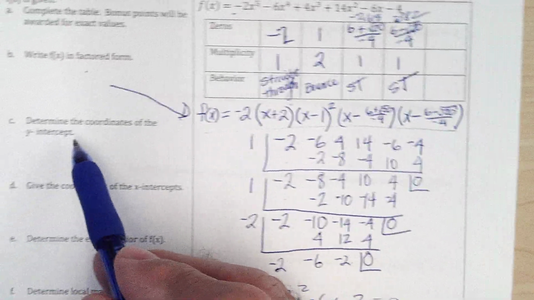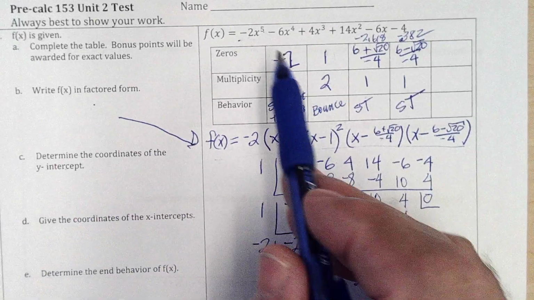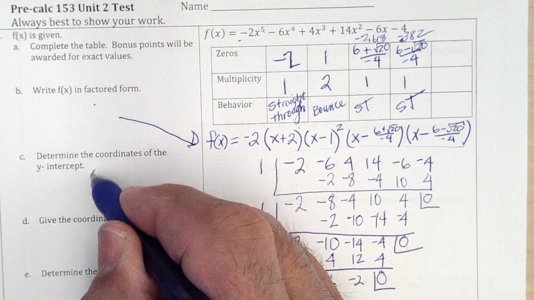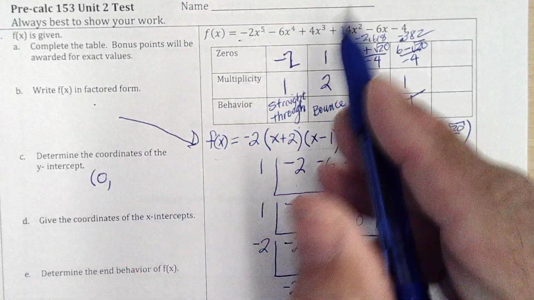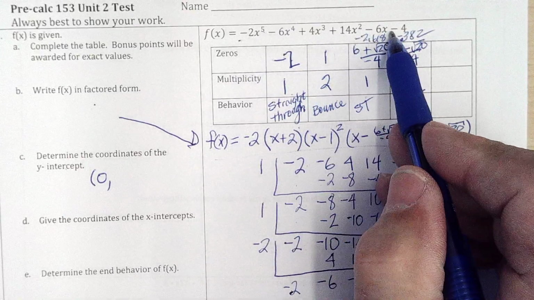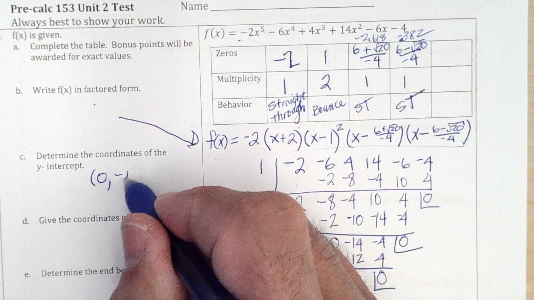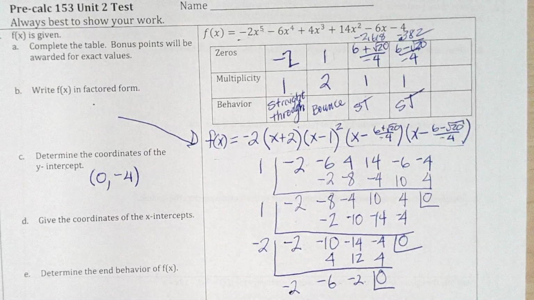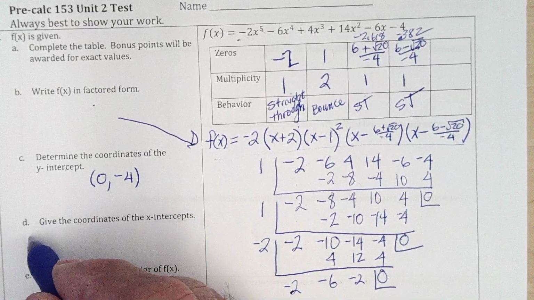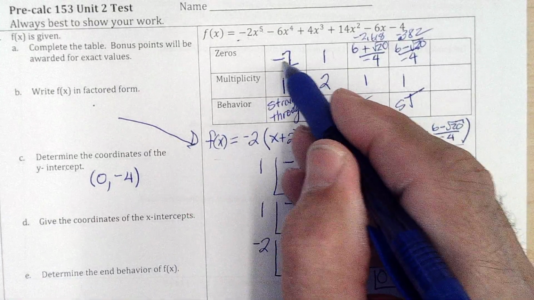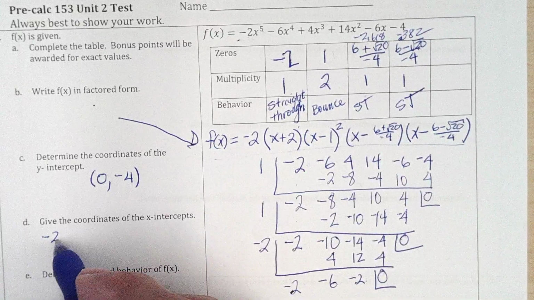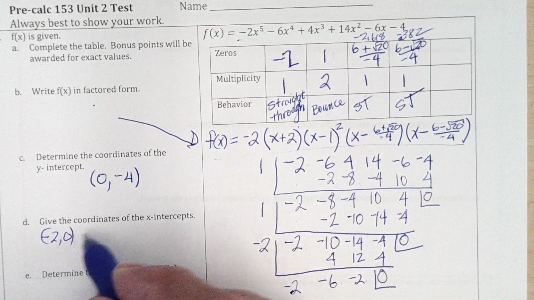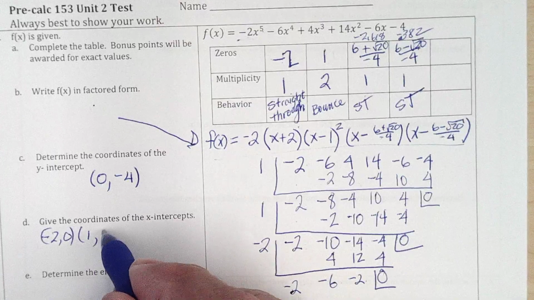Y-intercept. Well, I could look at the graph, but that's pretty easy here. The y-intercept has x equals 0. If I put 0 in there, the only thing I get left is a -4. And the x-intercepts are -2, 0, and 1, 0.